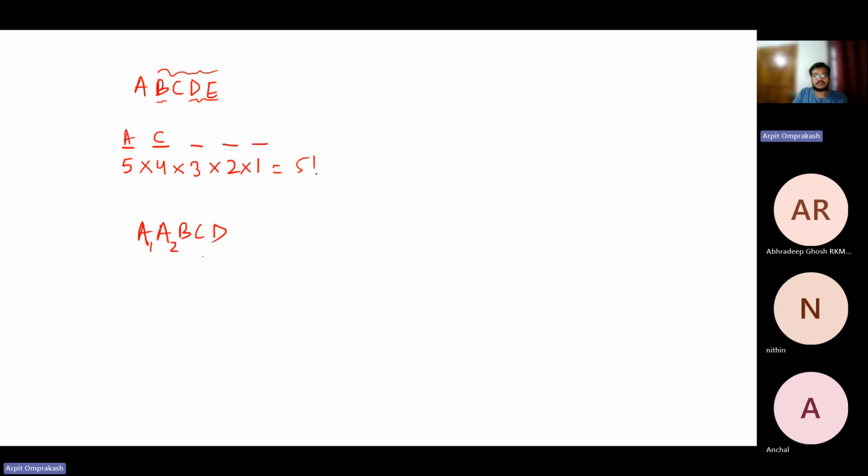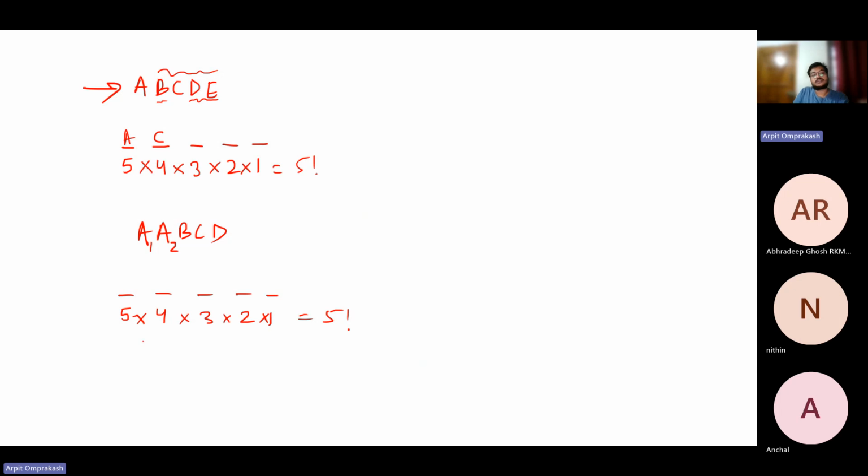So if we follow this logic of the one I explained here, again, we can have basically 5 different letters here, 4 here, 3, 2, 1. So again, it will be 5 factorial because we are multiplying all of these.